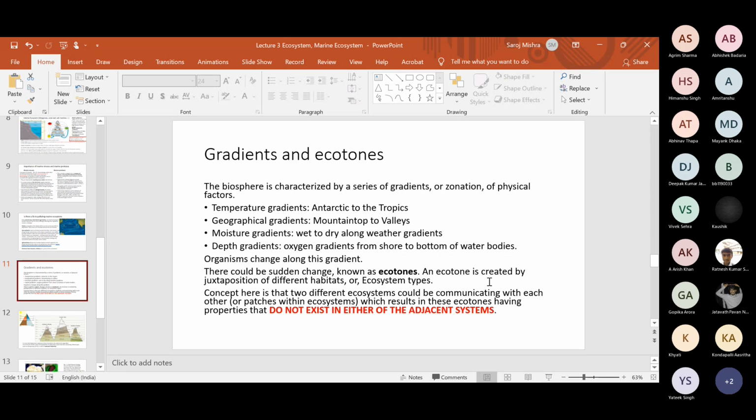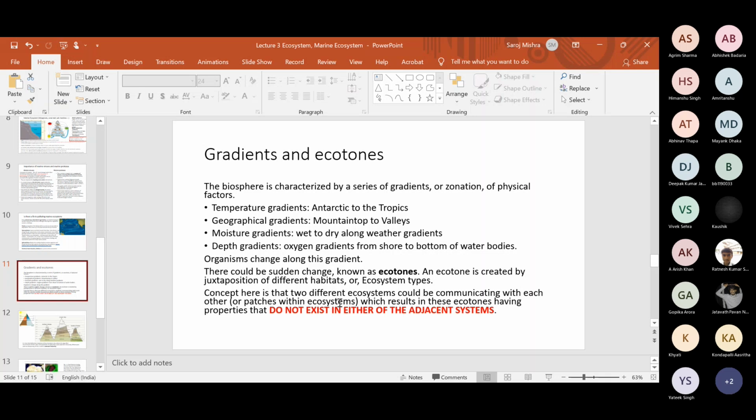An ecotone is created if there are different habitats which are close to each other. For example, you could have forests and then suddenly a water body next to it, which is very common. There are dense forests lining a particular water body. Those areas are called ecotones.